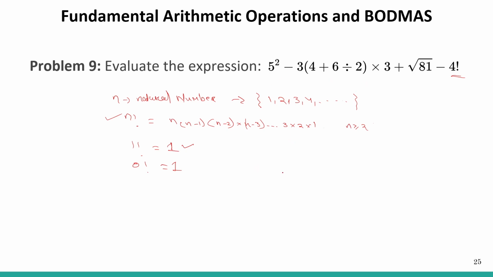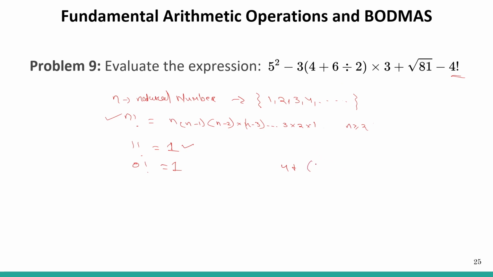What we look for first is brackets, and we solve the brackets first. If we solve this bracket, what we will be left with is 4 plus, then inside it we'll again apply the BODMAS rule. Inside this there is no bracket, but there is division. So we'll do the division: 6 by 2 is equal to 3, and then we do the addition.